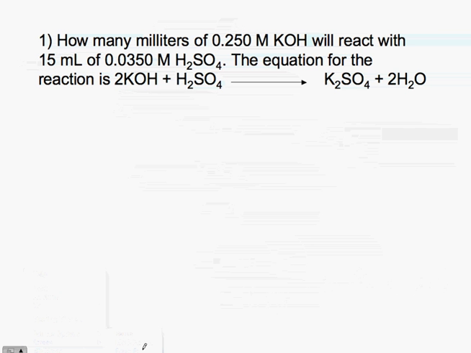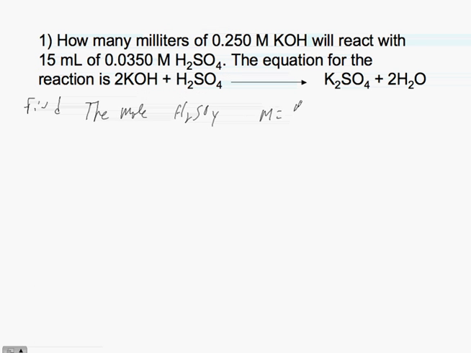Alright, if we're doing it the other way, the first thing we're going to do is find the moles of H2SO4. In order to find the moles of H2SO4, we know that molarity is equal to moles over liter.